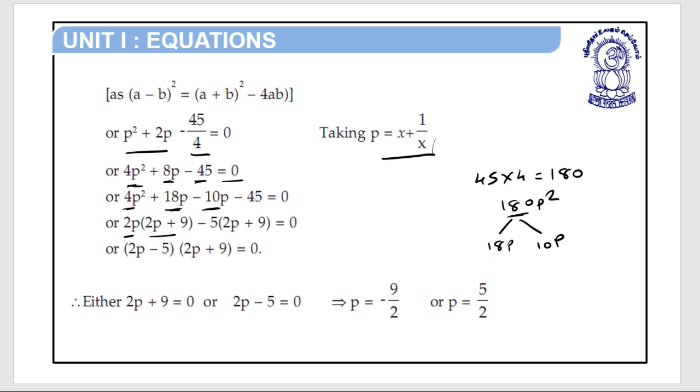So 2p common, 2p in the bracket: 2p plus 9, minus 5 common, 2p plus 9 is equal to 0. So 2p minus 5 and 2p plus 9 is equal to 0. So 2p plus 9 is equal to 0 or 2p minus 5 is equal to 0. So p is equal to minus 9 by 2 and p is equal to 5 by 2.